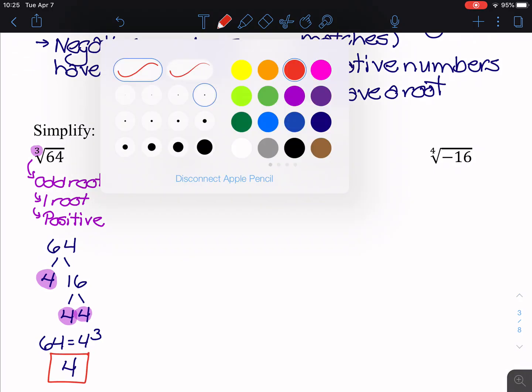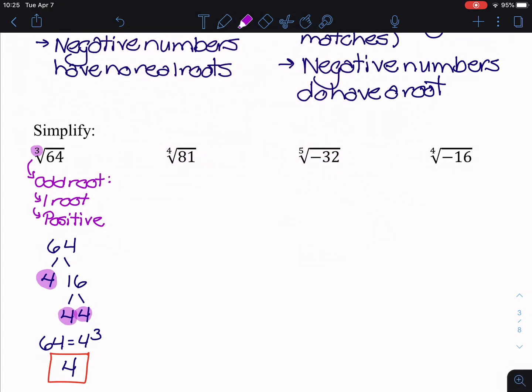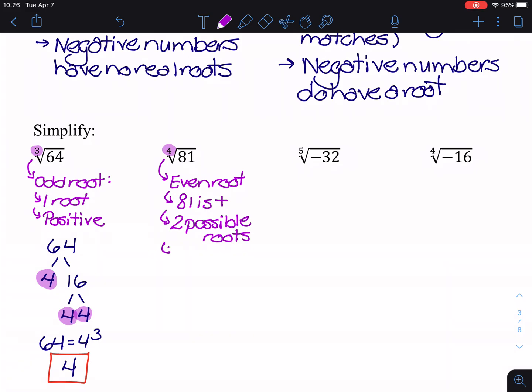Now I have the fourth root of 81. I am taking an even root, which means I have to make sure 81 is positive, so I know I can take that root. There are two possible roots, but because I don't have a negative out in front, I know I want the positive root.